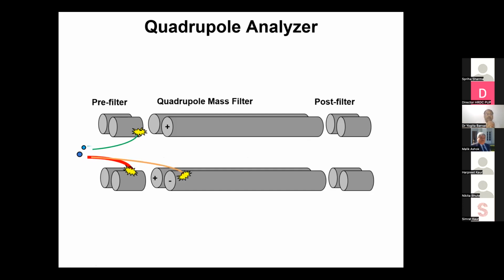See here, there are different masses, and these different masses have an oscillating frequency which is different from the oscillating frequency in these 4 poles, and they strike the poles.